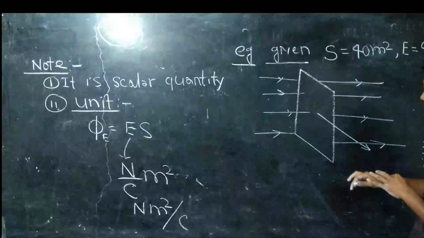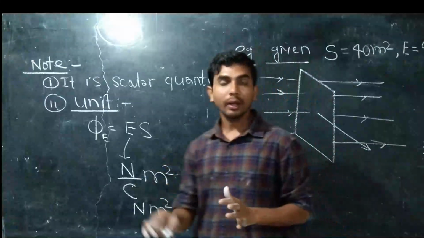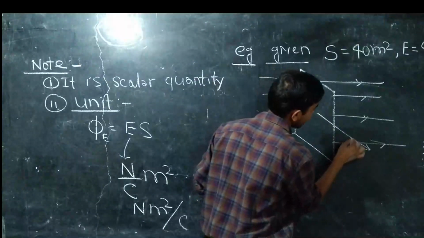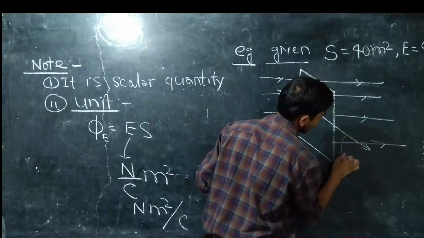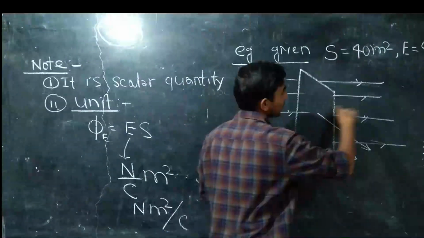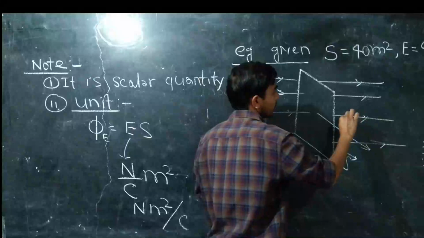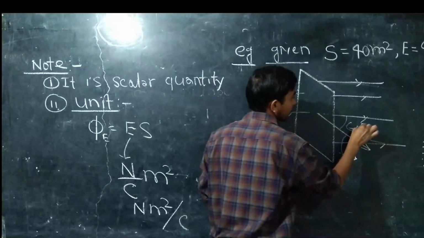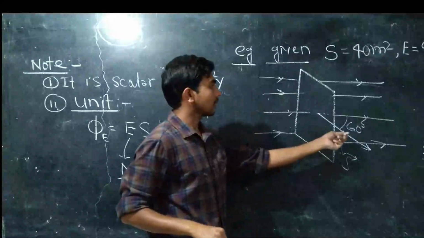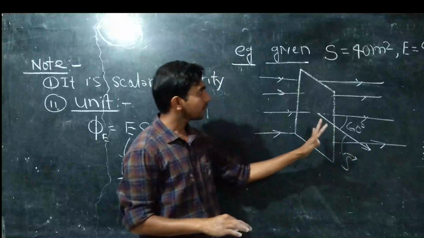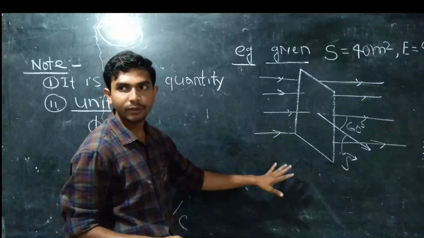And the angle between them: this is your direction of the area vector, and the electric field is existing in this direction. The angle between electric field and area vector is 60 degrees. These things are given in the question. The question is written like this, okay?